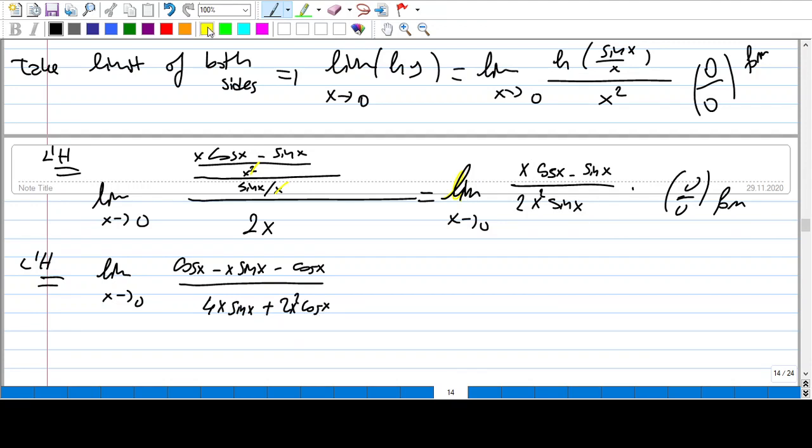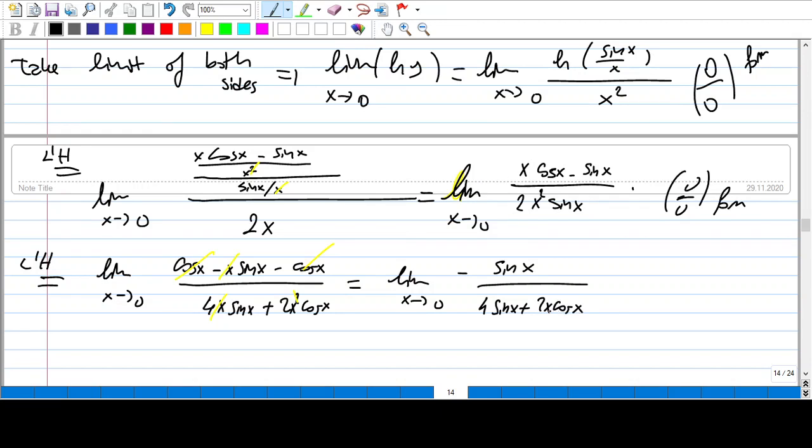So these cosine x's cancel each other, and one of the x's cancels as well. After that stage we will have limit x to 0, maybe we have a result, or otherwise we have to do one more step: minus sine x over 4 sine x plus 2x cosine x.